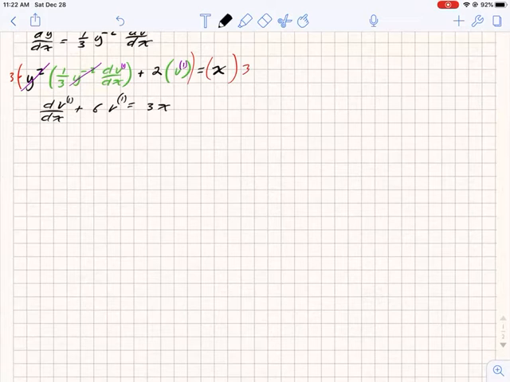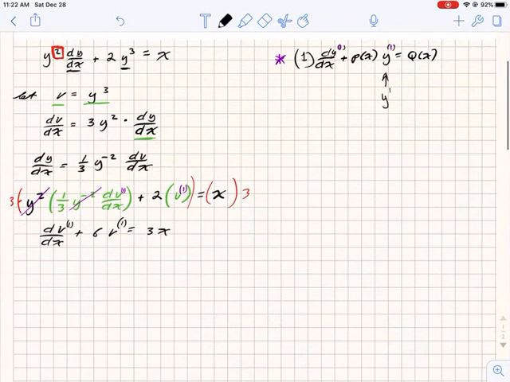It's already simplified. So step 1 was simplify. We already did that. It's already looking like this looks like that. So we're good.